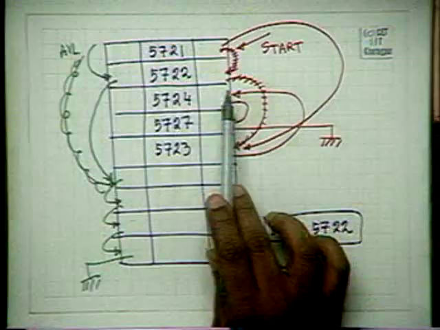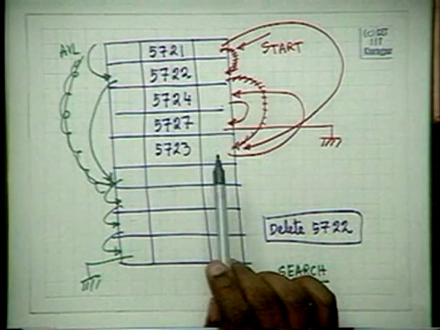Now, we will use this find or search for insertion as well as deletion. For deletion, we will search it. If it is not there, it's done. If it is there, then the previous and the next pointer. During the search, we will keep track of the previous pointer. While finding an element, we will not only have the element, but the previous element as well. And we will make the previous point to where the element was pointing to.